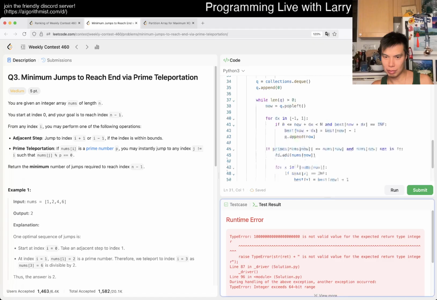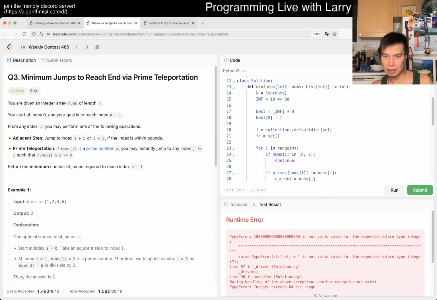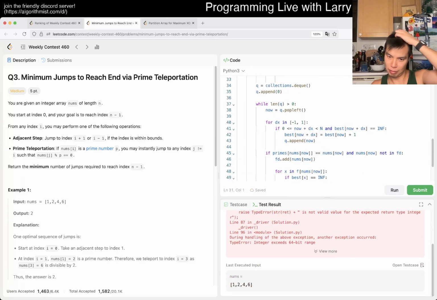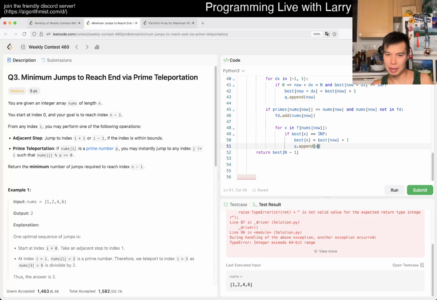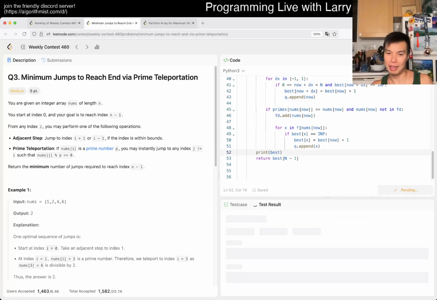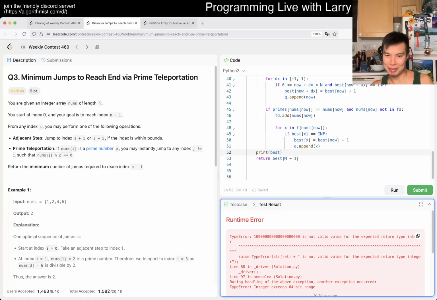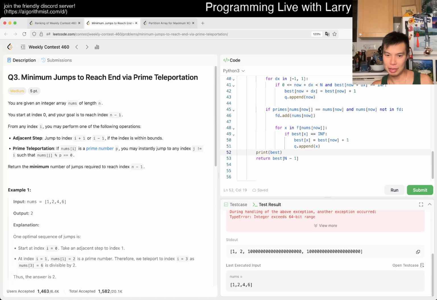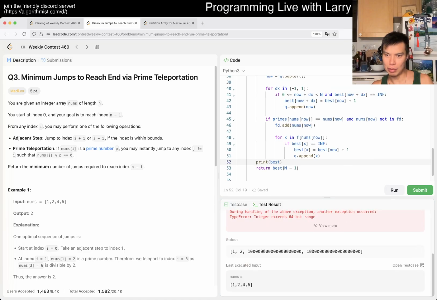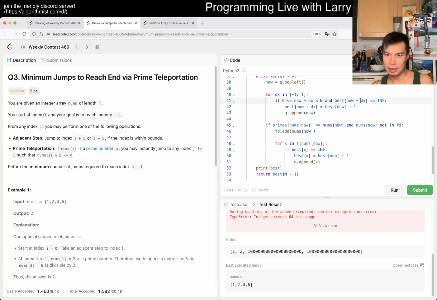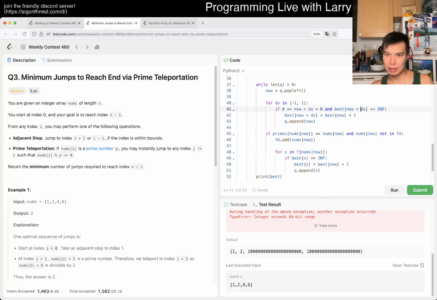Okay, this is very wrong for some reason. But yeah, a lot of debugging today. I mean, the algo is fine, but the implementation maybe not so fine. 1, 2, we still go to 4 by going +1, right? Why are you not visiting? dx now is the index.